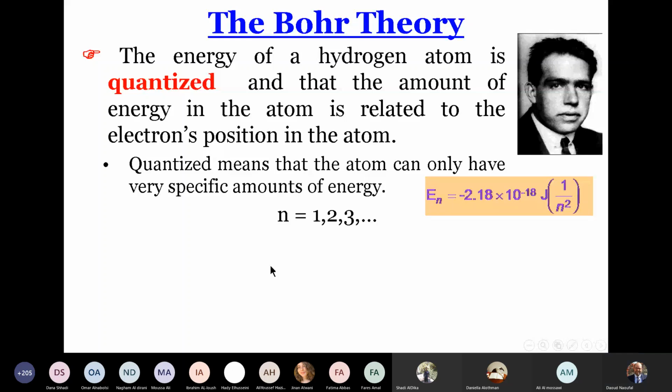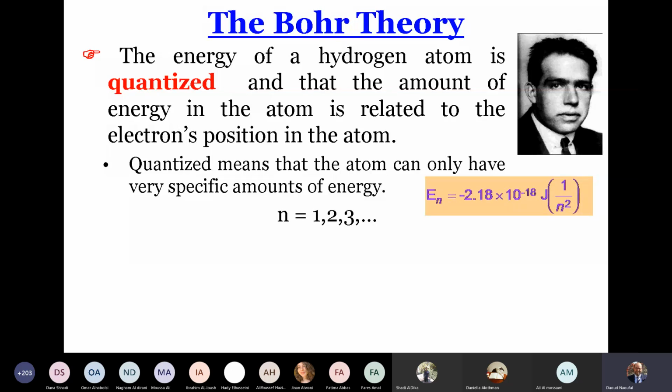Bohr calculated the energy of the electron in a level, and he found that En equals minus 2.18 times 10 to the minus 18 divided by n squared. And n is an integer number 1, 2, 3, 4.